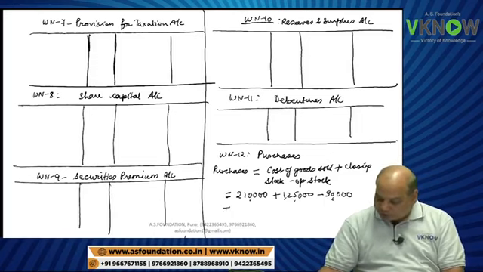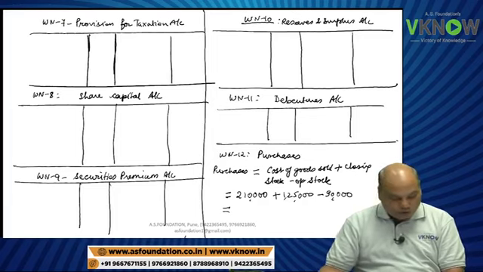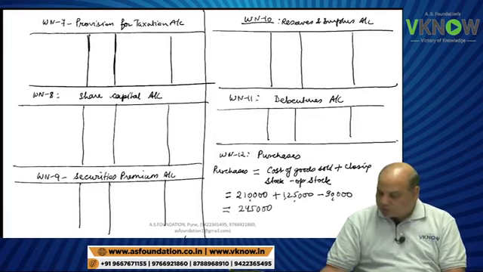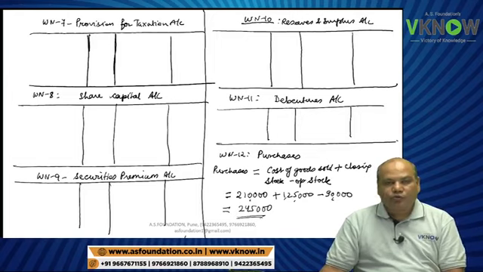The difference is how much? 2,45,000. 2,45,000 is purchases. So where will you write purchases?